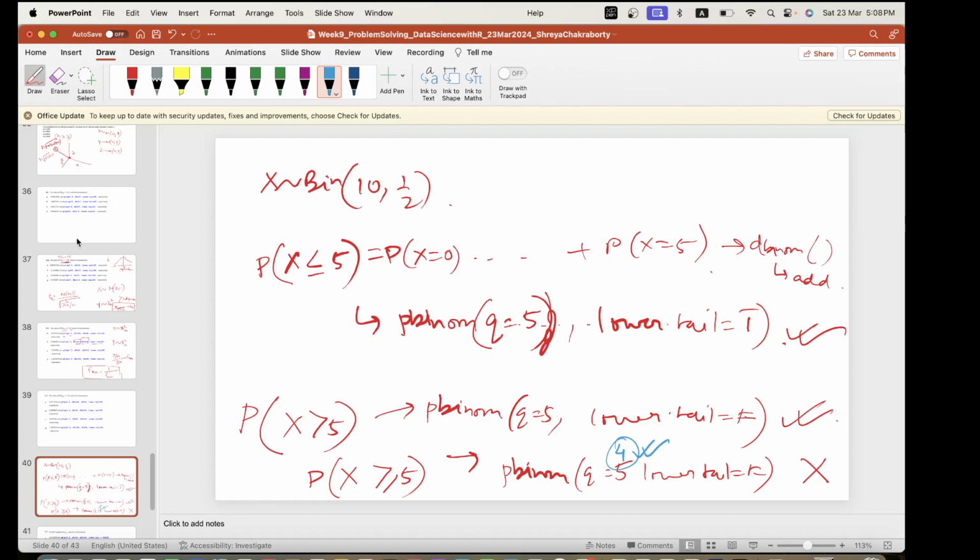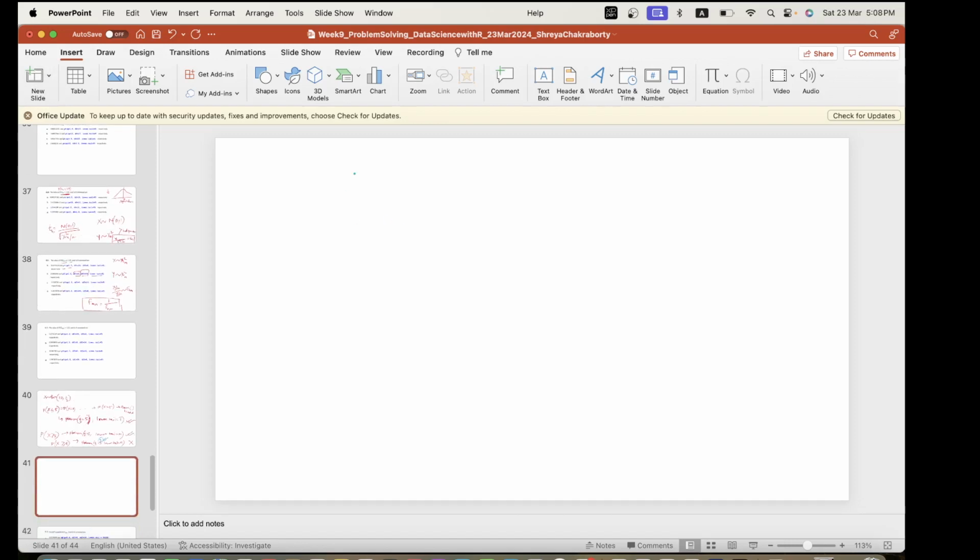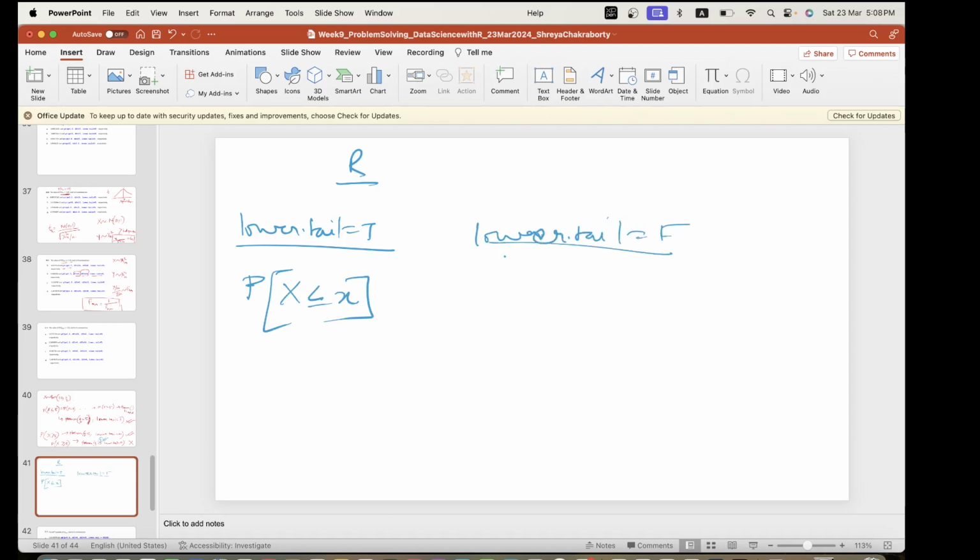Why does this happen? It's because R by default, if you give lower.tail equal to TRUE, is going to calculate probability X less than or equal to x. And if you give lower.tail equal to FALSE, then it is going to calculate probability X strictly greater than x.